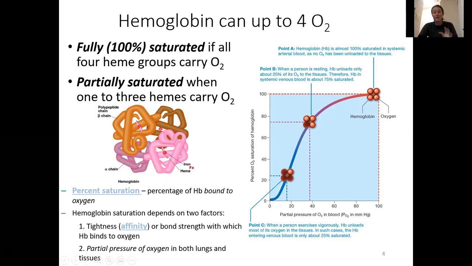So the affinity, or the bond strength with which hemoglobin (Hb) binds to oxygen, is going to determine how much oxygen is actually on the molecule. That makes sense. And the second factor is the partial pressure of oxygen. Again, the fact that we see this on the x-axis means it's an independent variable. This is going to determine the percent saturation.